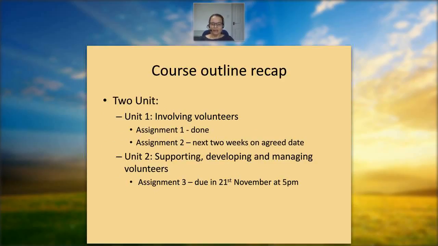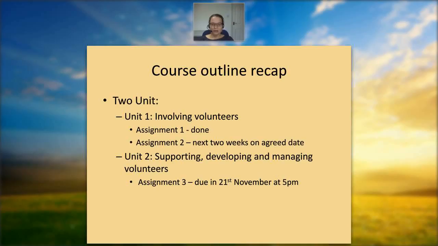So, the quick recap on where we are with the course. There are 2 units to this course. The first unit is involving volunteers, which is the one that we have been doing. It has 2 assignments. Assignment 1 you've done, and assignment 2 will happen in the next 2 weeks on the agreed slots.